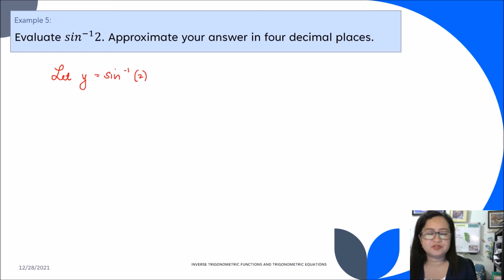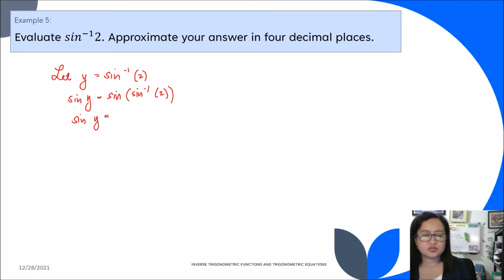Now take note that y should be within the range. Now we get the sine ratio on both sides, so we will have sine of the inverse sine of 2. Then we will have sine y equal to 2.